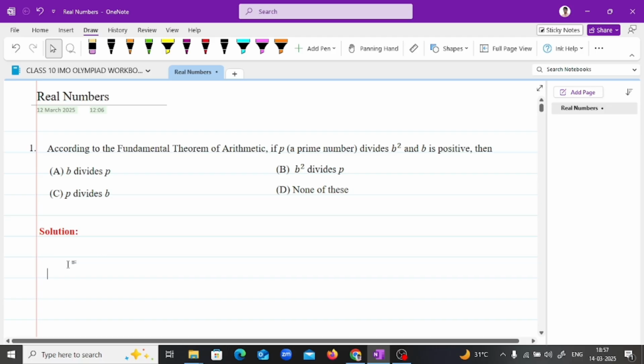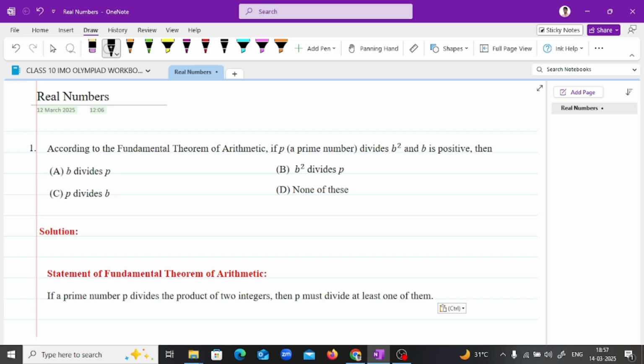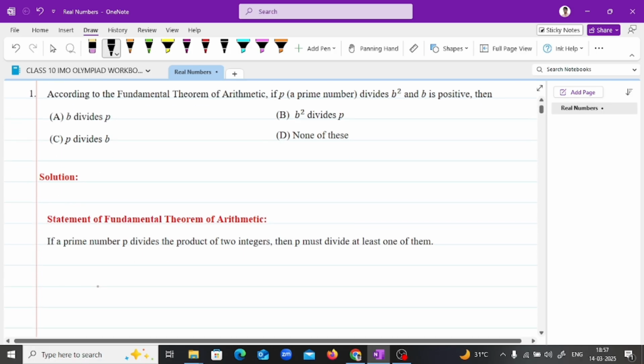The fundamental theorem of arithmetic says that if a prime number p divides the product of two integers, then p must also divide at least one of them. So we are given that p divides b square, and we are also given that p is a prime number.